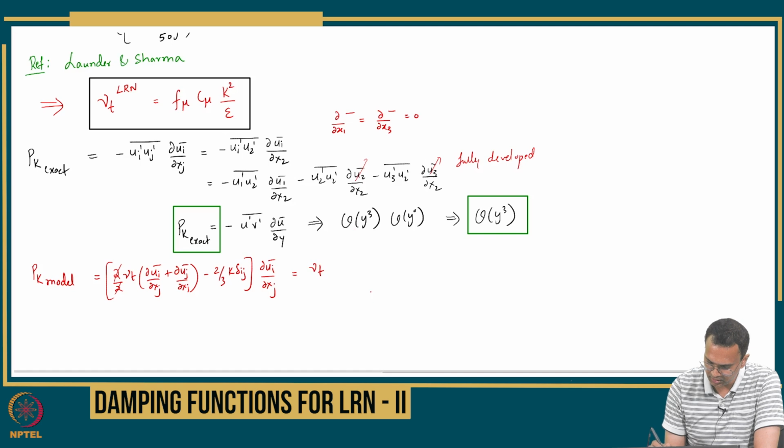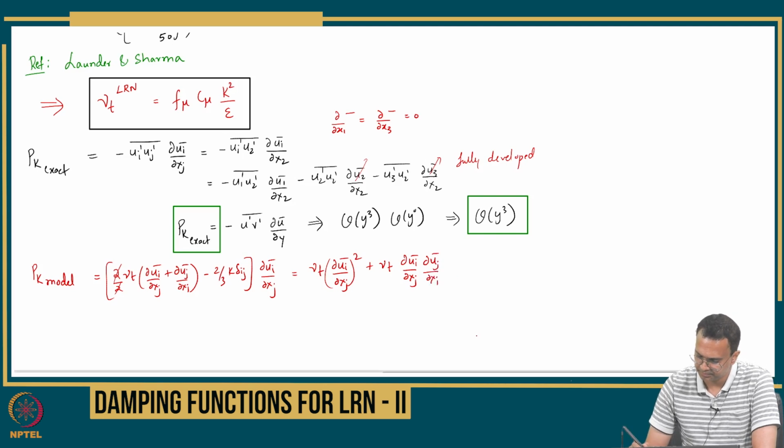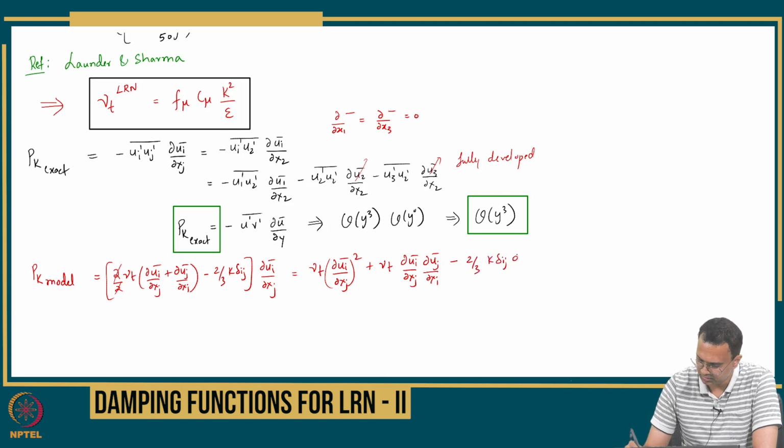So we essentially get nu t times dou ui bar by dou xj squared, plus nu t dou ui bar by dou xj dou uj bar by dou xi, the cross term here, and then I have minus 2/3 k delta ij dou ui bar by dou xj.